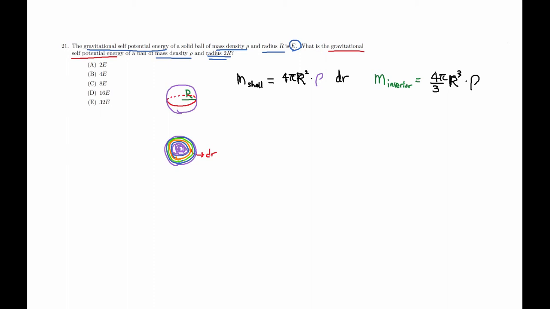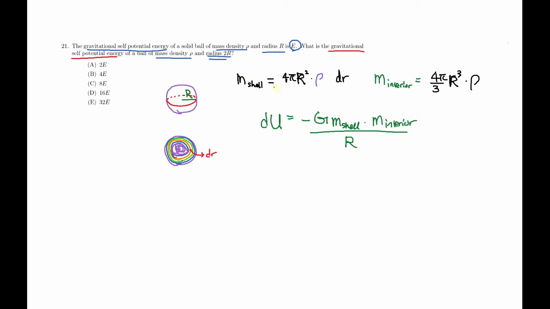Now I'm gonna use the gravitational self-potential energy, so dU equals negative G, the mass of the shell times the mass of the interior, divided by our radius. This is very analogous to the gravitational potential energy we've seen in many courses.